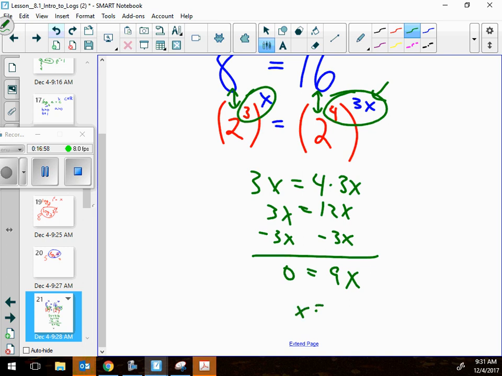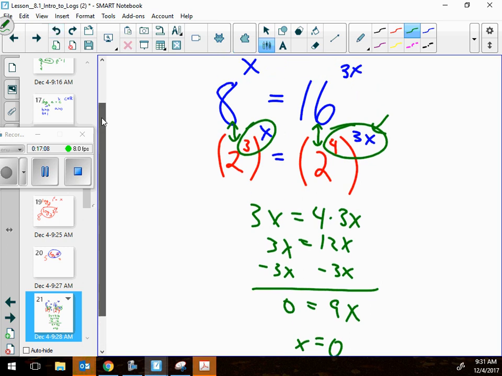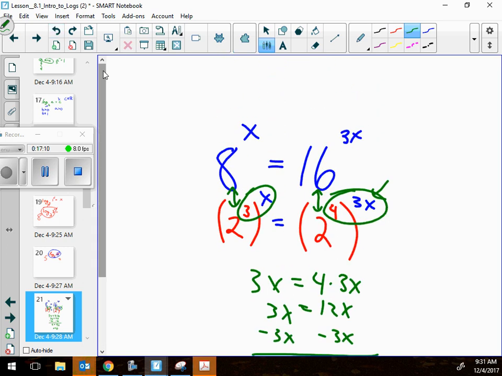X equals 0. Now, how can I know if I did that right? I go back to the original problem and see if x equals 0 works back in here. If I put them both to the 0 power, would they really be equal to each other? Yes, they would.